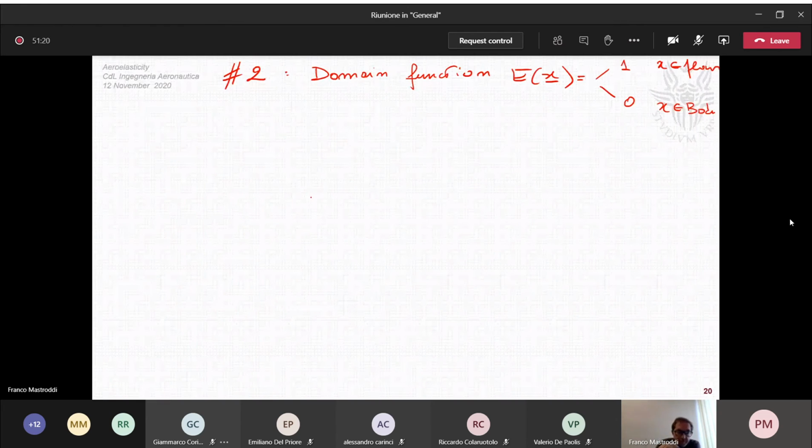So we have body, and we have here E is equal to 1, and here the X is equal to 0, and here E is equal to 1/2.